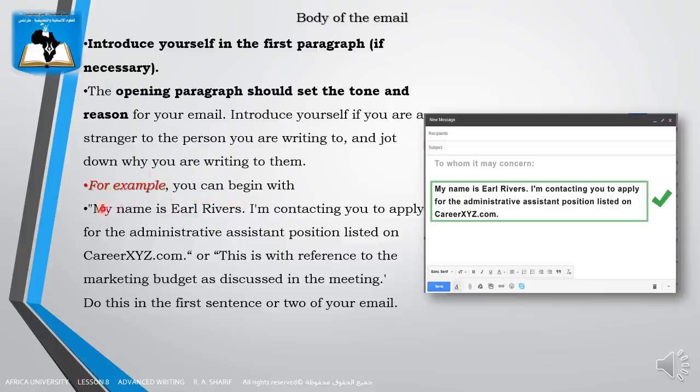For example, you can begin with, my name is Earl River. I am contacting you to apply for the administrative assistant position listed on careerxyz.com. Or you can write another one. This is with reference to the marketing budgets as discussed in the meeting.